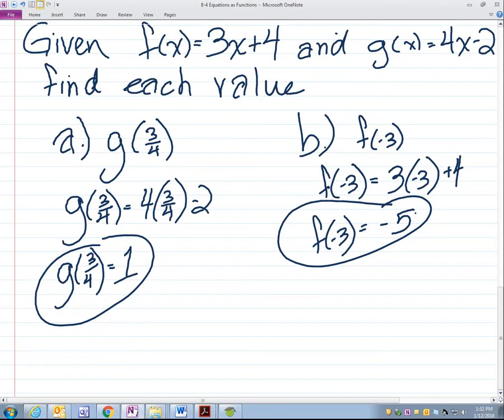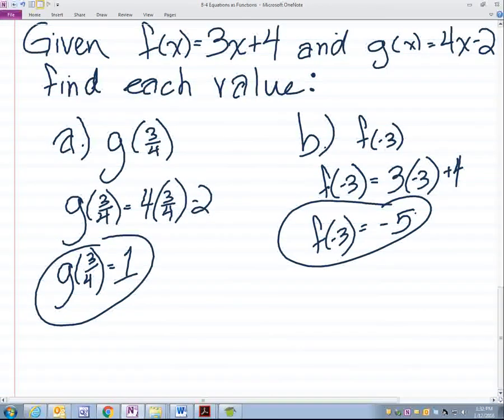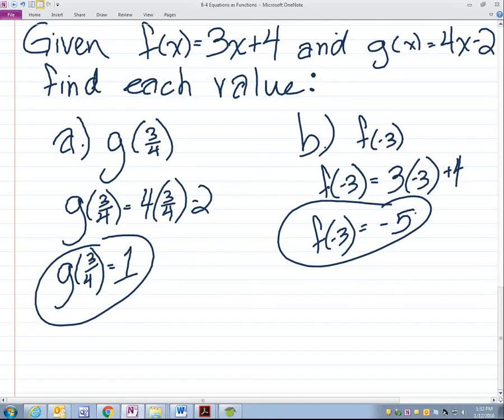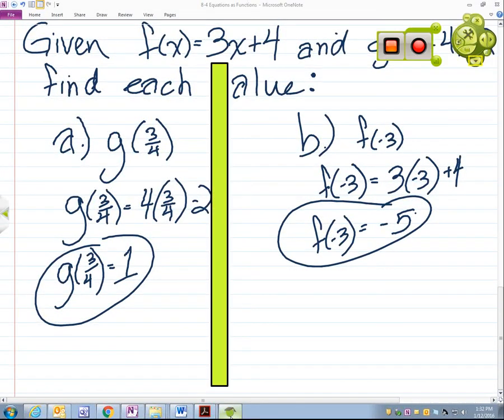So if you put the correct value of your domain in the correct function, you would have had those answers, those solutions. Any questions so far? Let's look at your actual homework itself and see if there's anything that pops up.